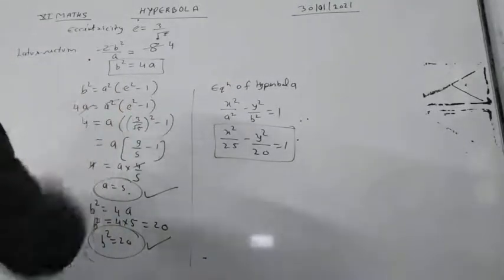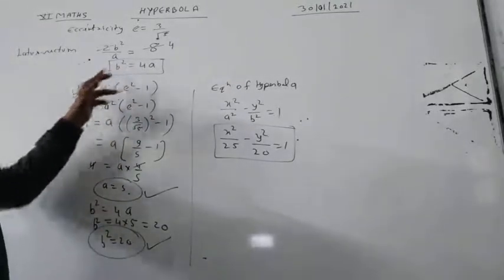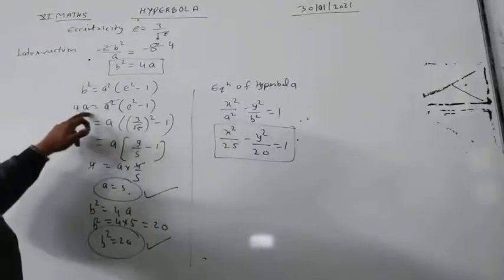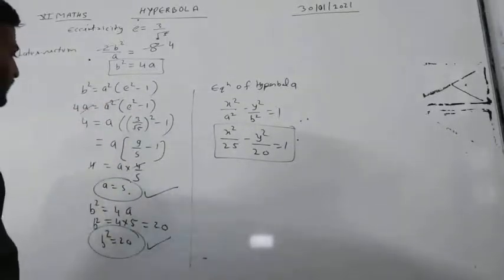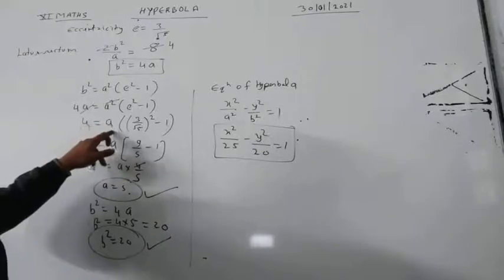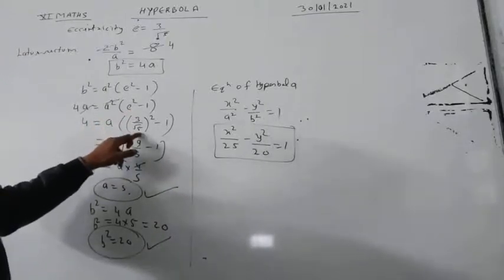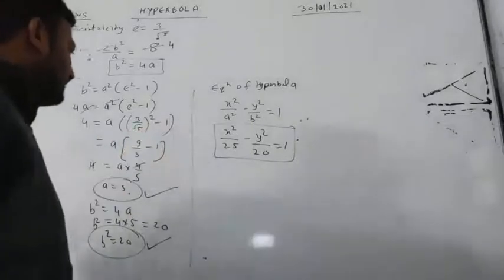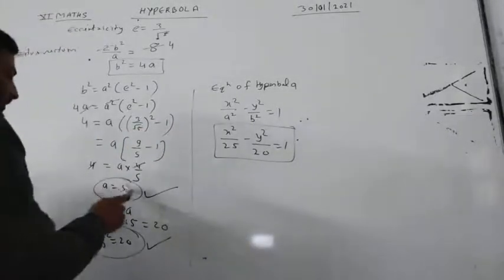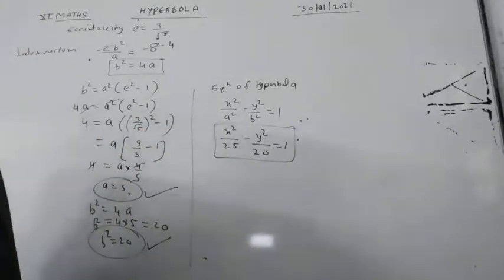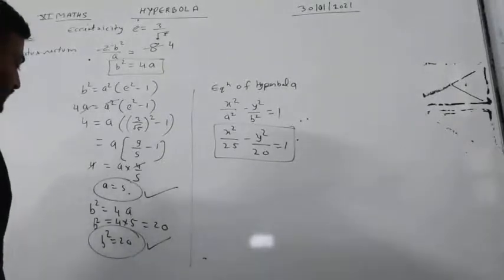So b square is equal to 4a and a square is a square. When we substitute the value of b square from here, we get our a and a will cancel. We get 4 is equal to a, and the value of e is 3 by root 5. When we substitute here and square, after cancellation we get our a is equal to 5, students.